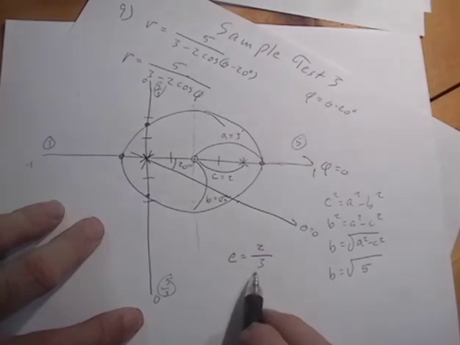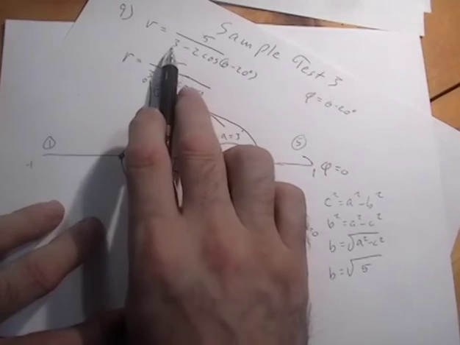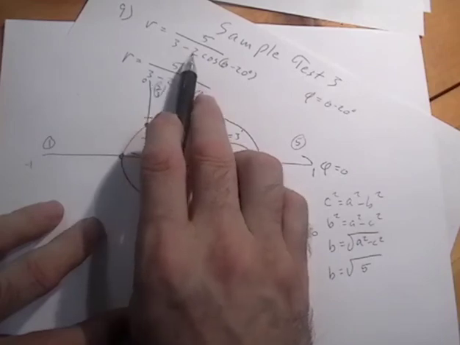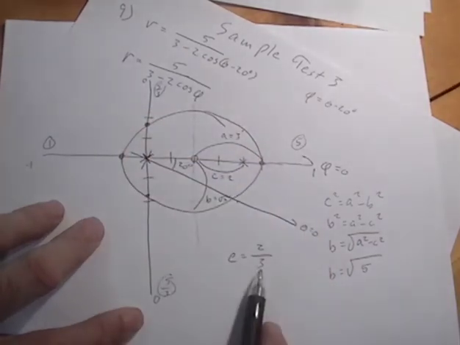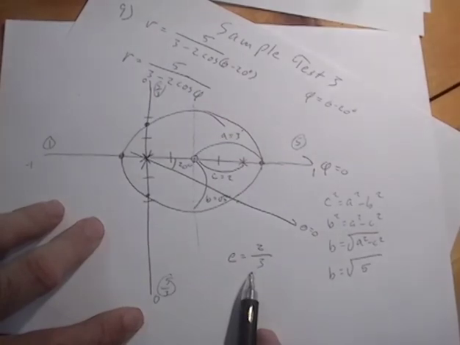Now let's do a quick check. Remember from problem 8, the first thing we did was divide everything by this number. So that would give me a 1 here. It would give me a 2/3 here. And 2/3 is the eccentricity. So this 2/3 matches what I would expect if we had done the problem 8 material.